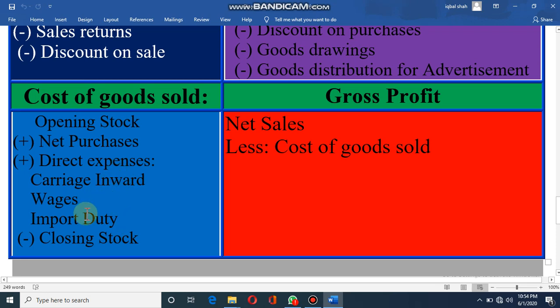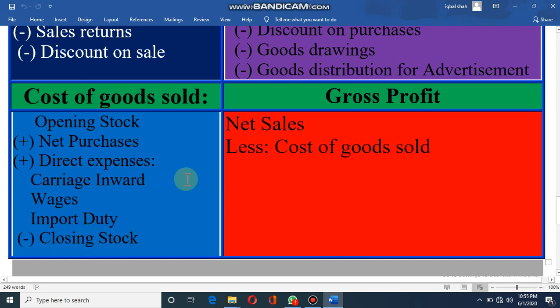Dear student, and we have to subtract closing stock. Then you will find out the cost of goods sold. That means whatever goods you have sold, for that the expenditure is this. Again I am telling, this is most important. It will come for 4 marks, dear student. Opening stock, net purchase, plus direct expenses, plus carriage inward, plus wages, plus import duty, minus closing stock. Then you will find out the cost of goods sold.